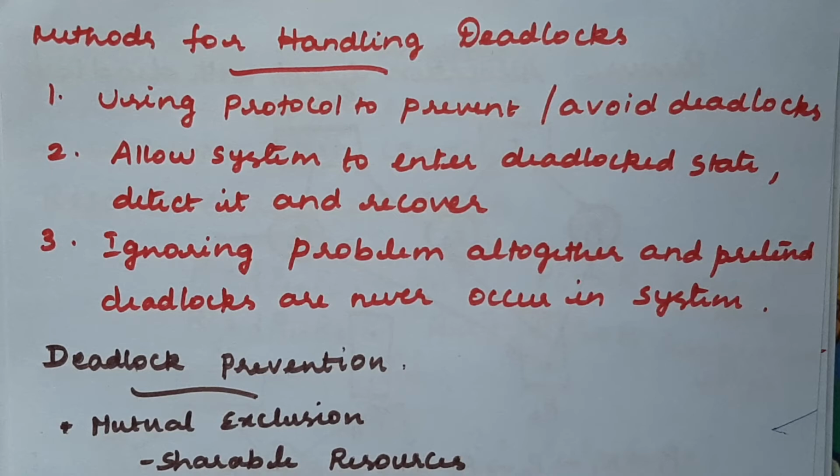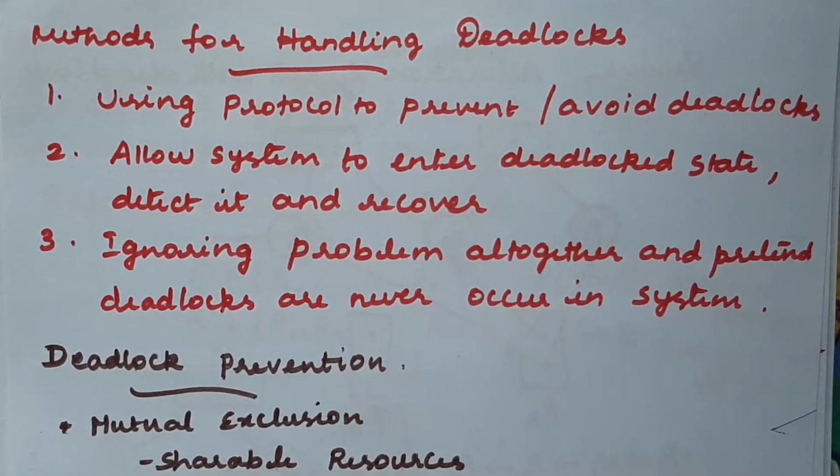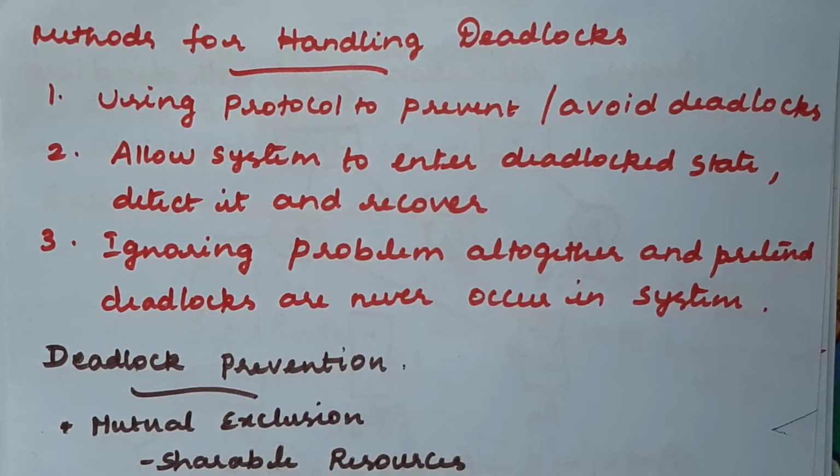So we should detect whether a deadlock has occurred or not, and for that we have some algorithms. After we come to know that the deadlock has occurred in the system, we should recover from the deadlock situation. For that also we can use some algorithms, some methodologies for recovering from the deadlock.